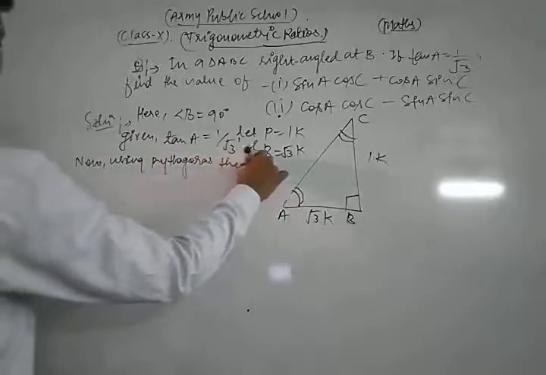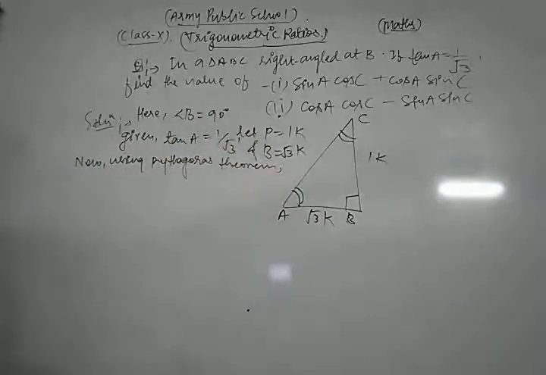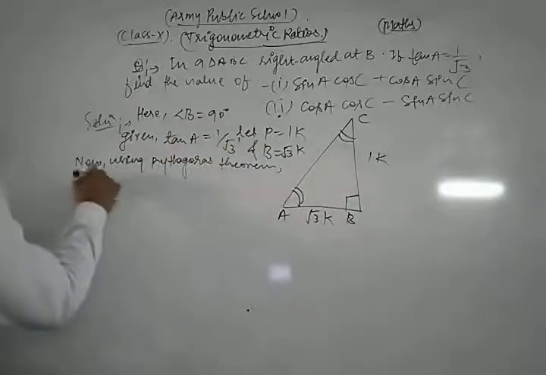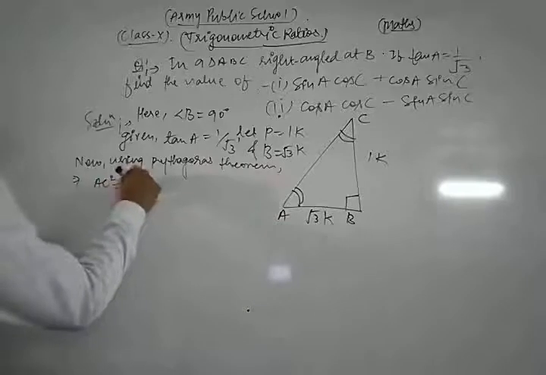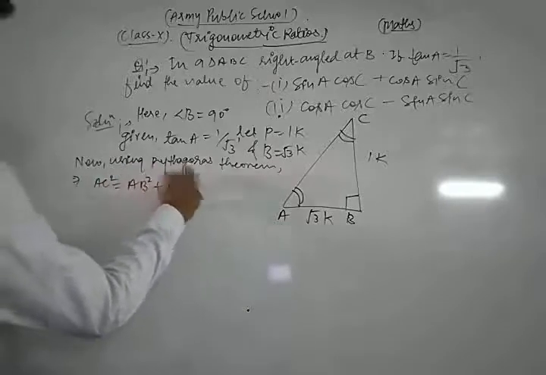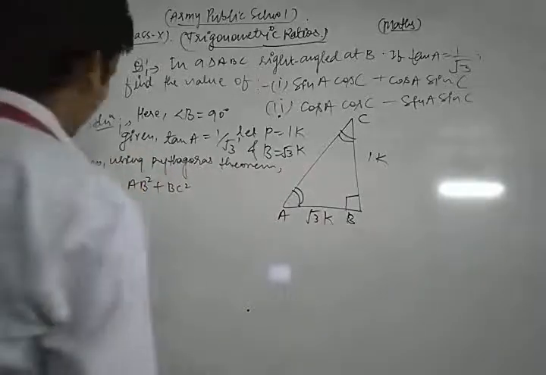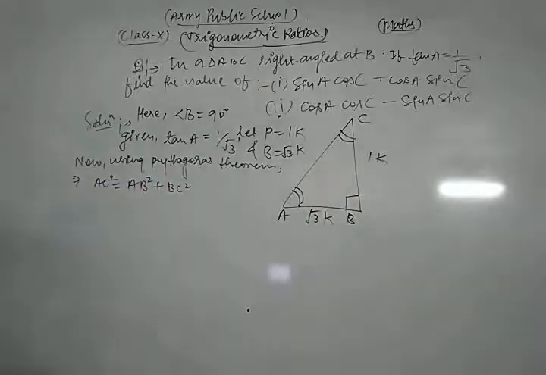Using Pythagoras theorem, AC square is equal to AB square plus BC square.